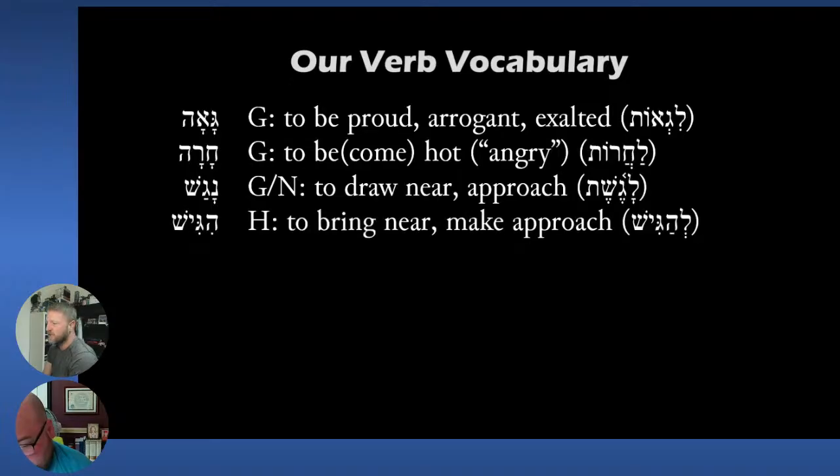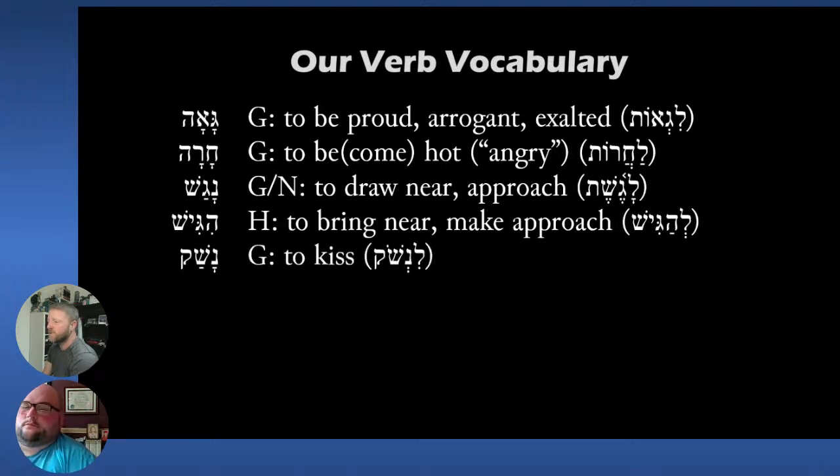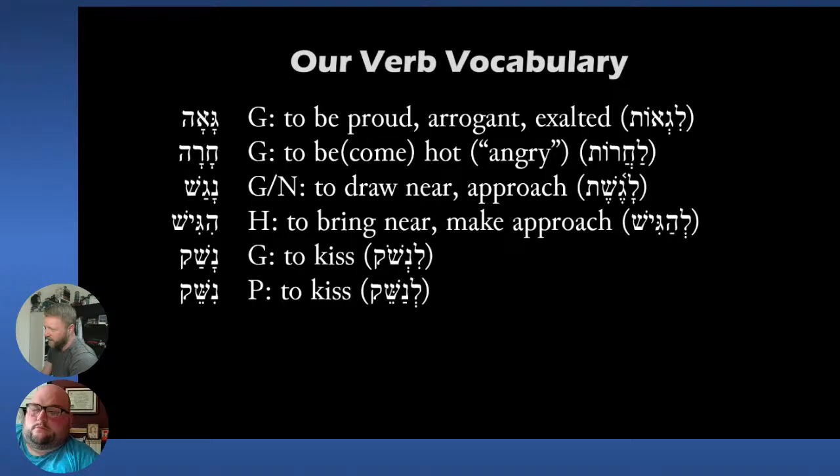Higish is the hifil of the same root, nagash, and it's to bring near, lahagish. To kiss normally is in the piel, like this one, nishek, lenashek, to kiss, and that goes with et.